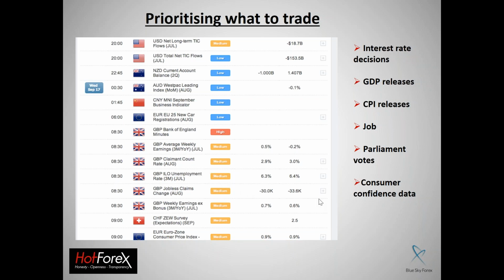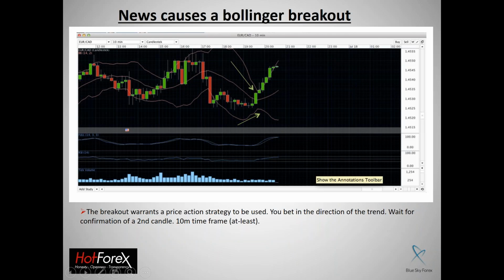Too many things coming up. I'm just trying not to miss anything. Can you show some examples on the chart of how to combine Bollinger Bands and candlesticks? We showed Bollinger Bands and candlesticks here.